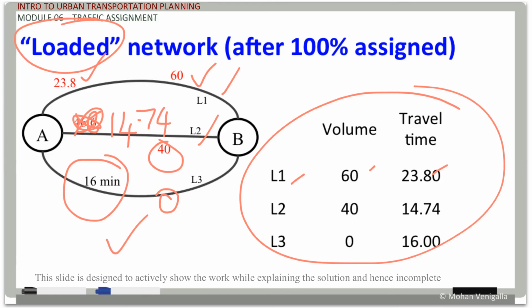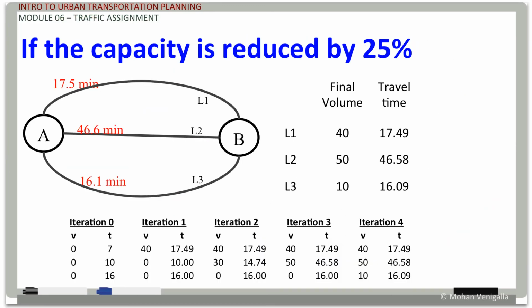So that is essentially the incremental assignment. What I did here is I reduced the capacity by 25%. Remember, we were given a capacity of 30, whatever the units are. If you reduce it by 25%, 0.75 times 30 is 22.5.